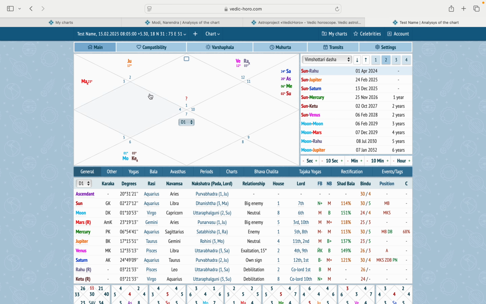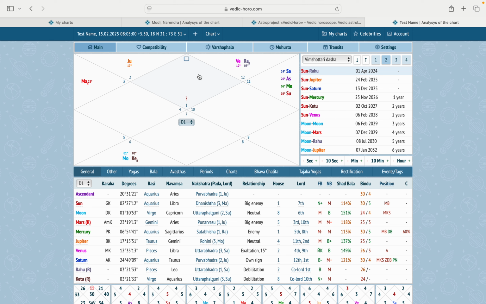Once you've done this, you would have divided the rectangle into 12 almost equal parts, though the equality is not that important for us, but we need to have 12 divisions and they need to look in this fashion. And regardless of the number here, this will always represent house number 1, house number 2, house number 12, house number 11. I hope this is at the moment clear to you.